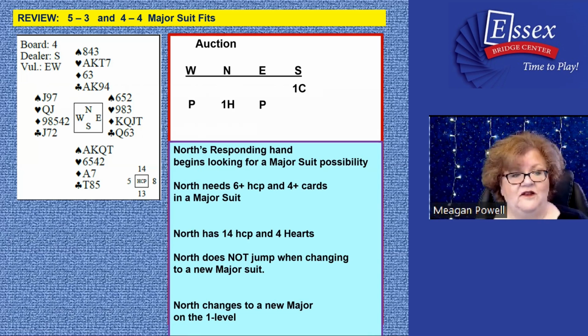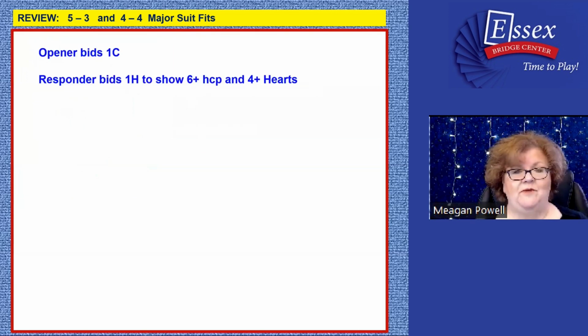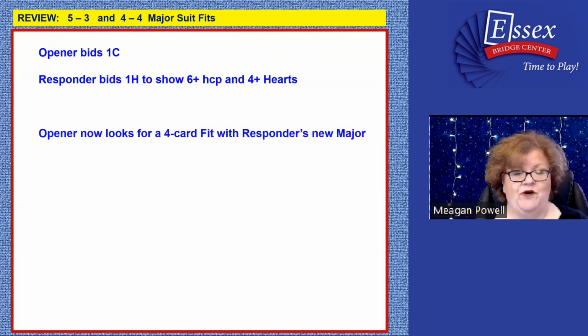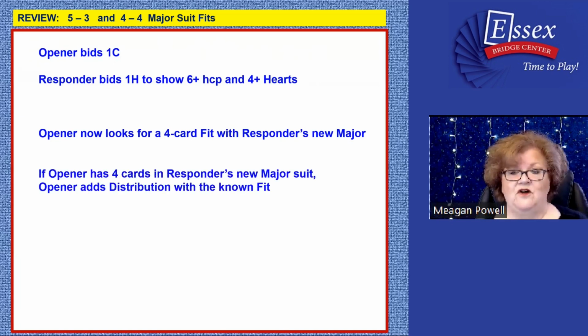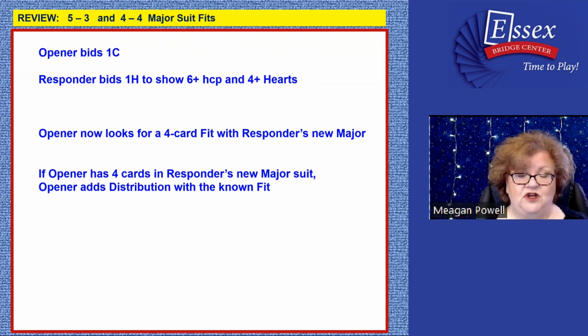Now, let's say that opener bids 1 club and responder changes the auction to 1 heart. Opener, your job now is to see if you have 4 cards in responder's new major suit. If you do have 4 cards in responder's new major suit, there's an 8-card fit now in that major.